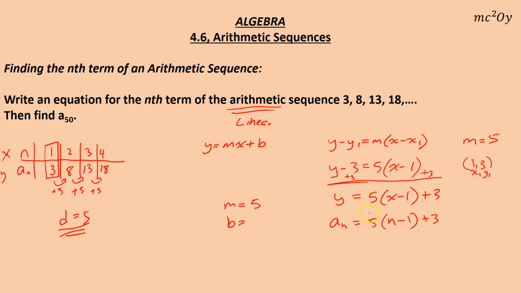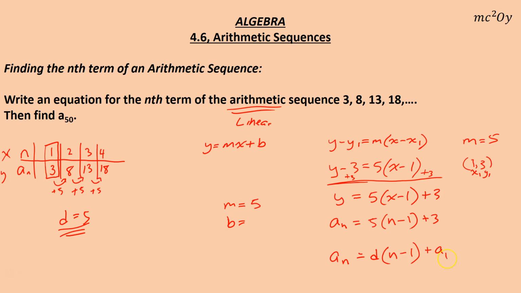So I'm going to write my general form here. a sub n equals 5, which was d, times n minus 1. And what was the 3? Well, the 3 actually was a sub 1, our first term. So the 3 represented a sub 1, the first term.